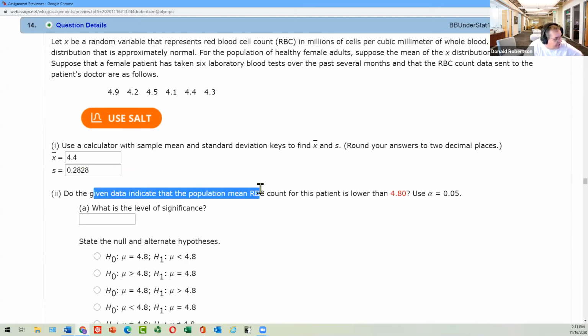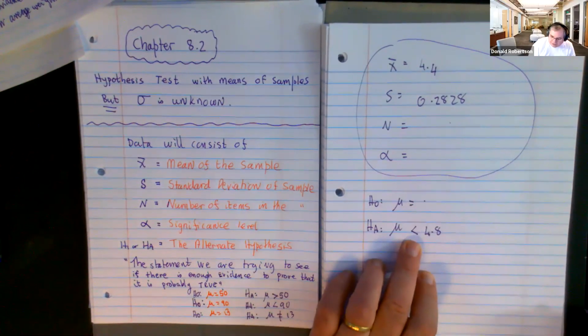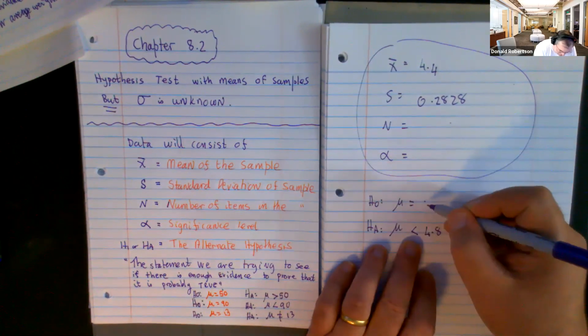Does this data indicate that the blood count is lower than 4.8? That's the hypothesis test now. Hypothesis test. Is it less than 4.8?